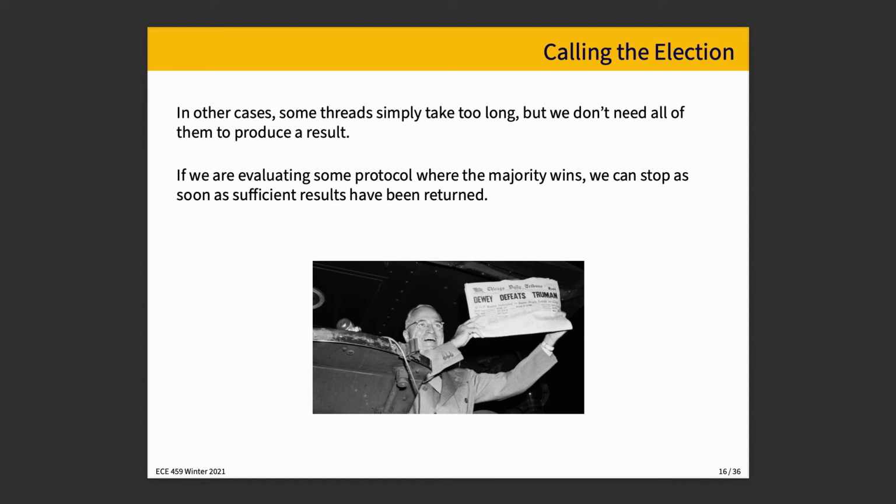If candidate A has been winning 70% of the vote in this county, they probably won't expect all of a sudden that 100% of the remaining votes will go to candidate B. They could be wrong. The Dewey defeats Truman picture is kind of a way of reminding yourself that predictions are only predictions, and calling the election can be wrong. And of course, in 1948, the election was called for Dewey by the Chicago Daily Tribune, and that was not correct.